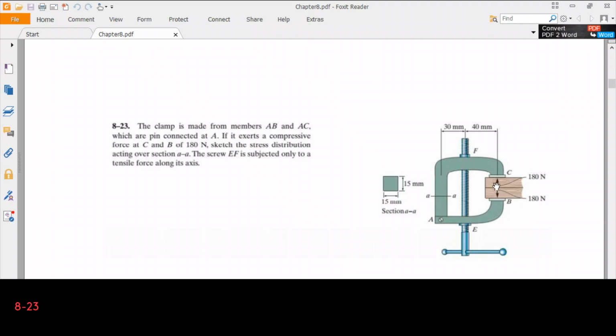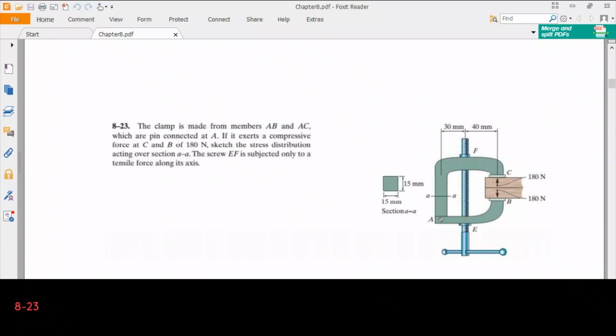The distance of the force to the axis of the screw is given, and moreover the axis of member AC is already given. Distance to the screw is 30 millimeters. The cross section is given, it's a square cross section at A, 15 millimeters by 15 millimeters. So the first thing that we need to do is to determine the forces at A and F.